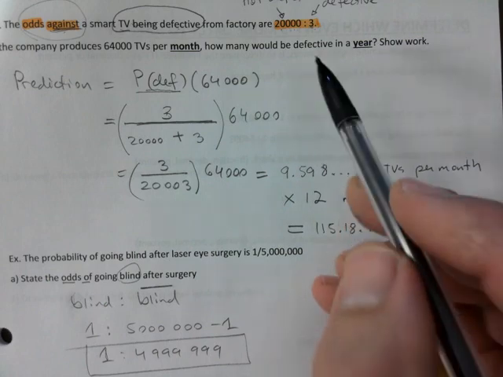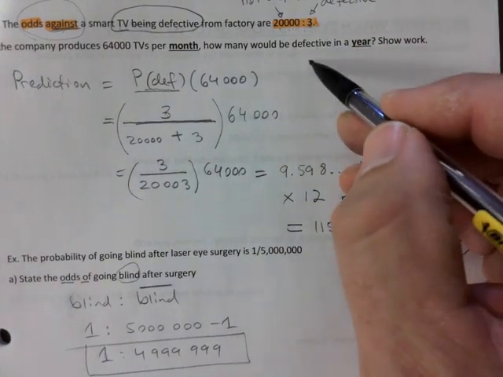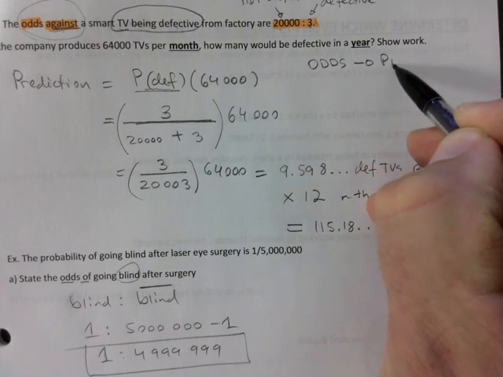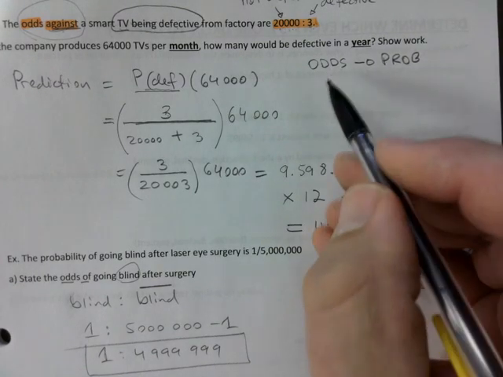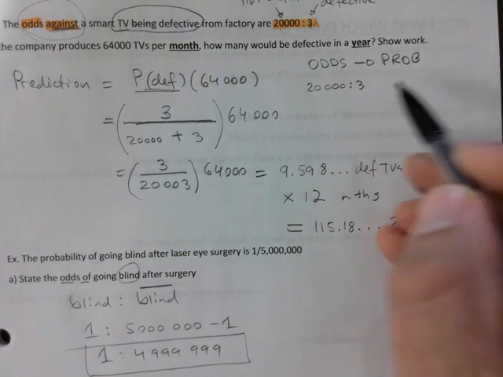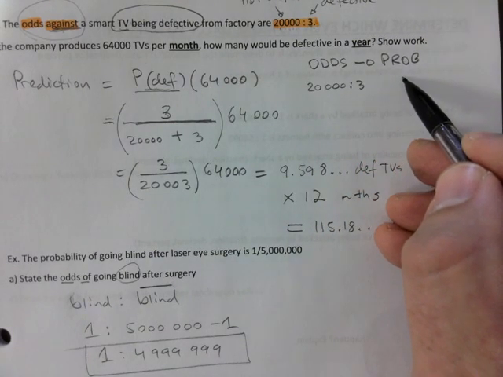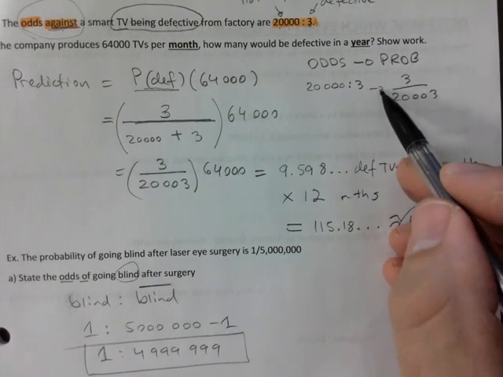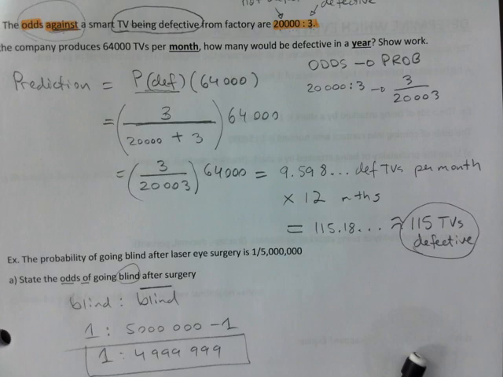So watch this, guys. I went from odds to probability here. Right? I took the 20,000 to 3 and turned it into 3 over 20,003, right? That's what happened there.